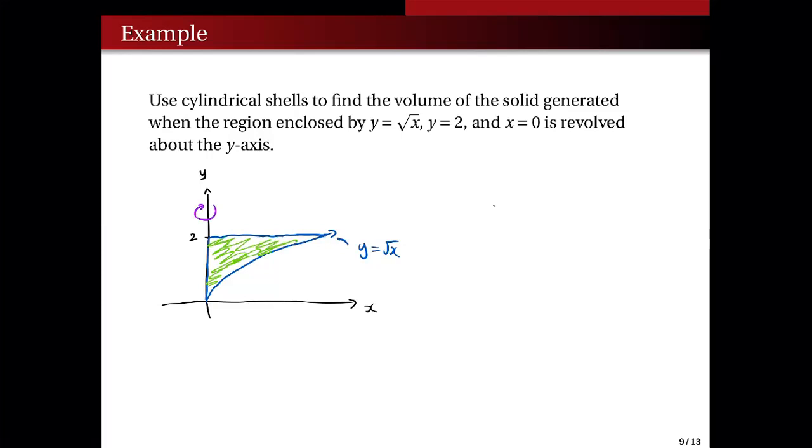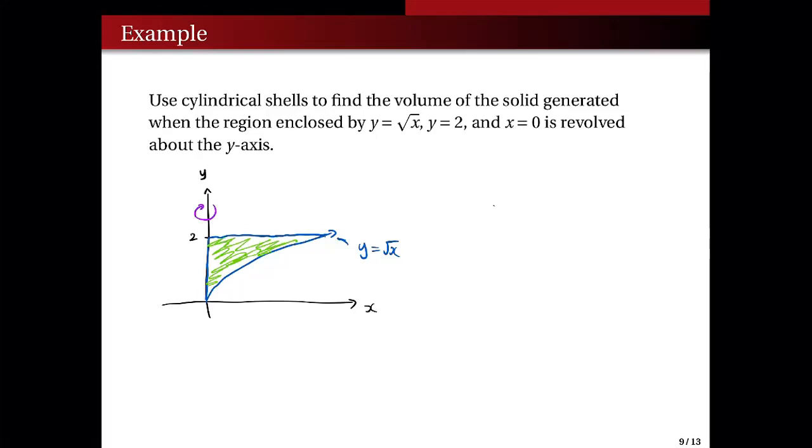For that method, your axis of revolution is this y-axis, so the approximating rectangles will be horizontal. But in here, we are going to use cylindrical shells. So for cylindrical shells, the approximating rectangles must be parallel to the axis.